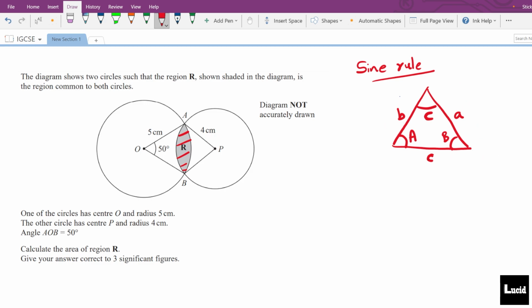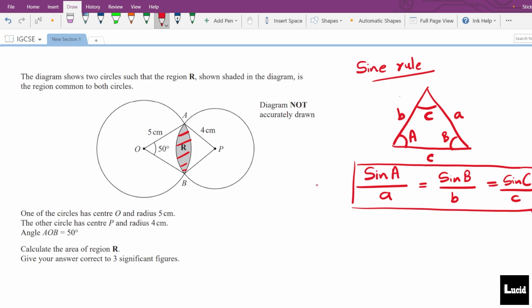The sine rule is sine A divided by a equals sine B divided by b equals sine C divided by c. This is the sine rule.